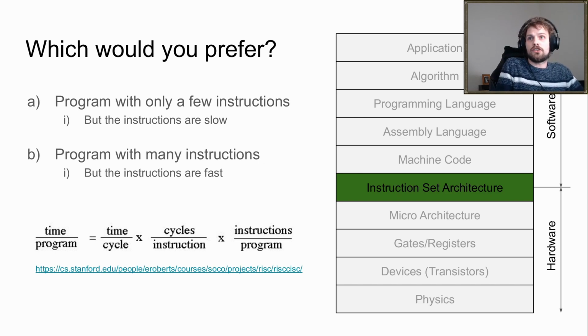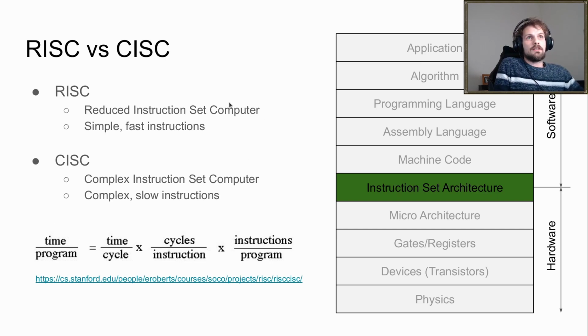And this question that I just asked you is, you could say, a debate or a different viewpoint. This is a debate called RISC versus CISC. RISC is the reduced instruction set computer, where you have a lot of simple yet fast instructions. CISC is the complex instruction set computer, where you have a lot of instructions.